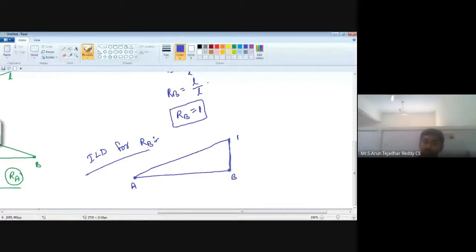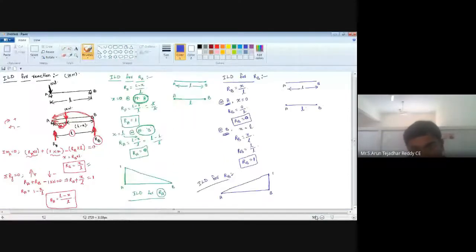In the first case, we calculated ILD for RA, so we got our maximum intensity at point A, and in this case we calculated RB, so we got our maximum intensity at point B only. This is a small example only.